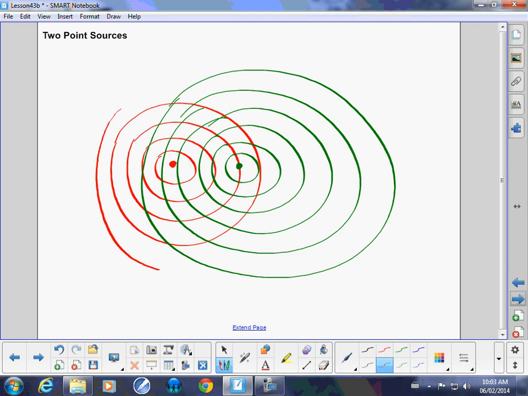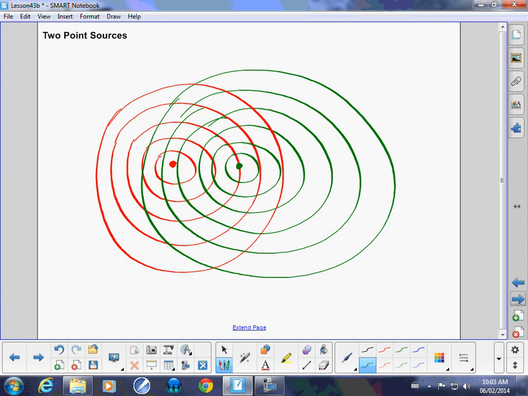You'll remember, those that used the applet, a distinct pattern arose from that. That pattern was a series of black lines, and those black lines were occurring wherever crests and troughs were interacting. So anywhere these two lines are interacting or overlapping, we're going to have constructive interference.